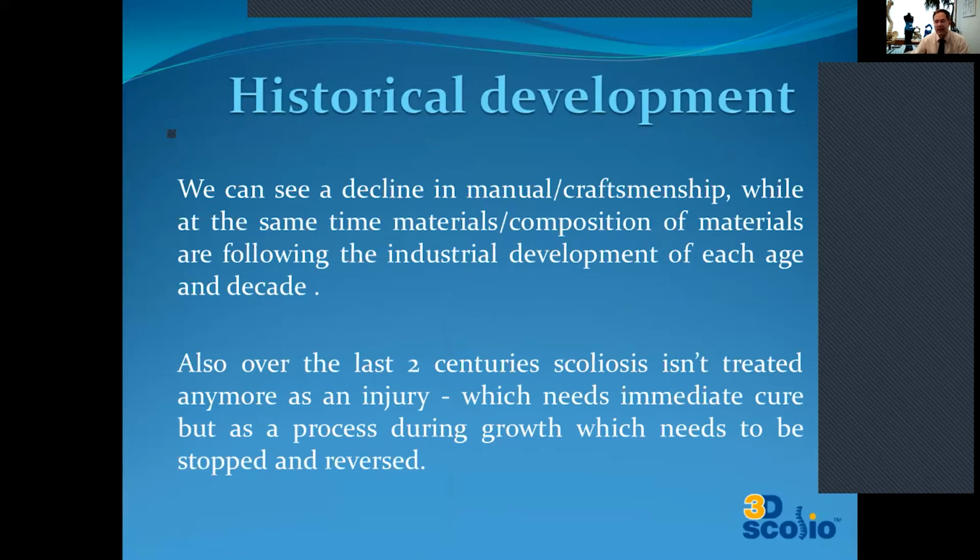At the same time, especially in the last 100 years, we have a more profound and more documented research and scientific approach to scoliosis, which brings us much closer to better results, and then also to a more proven or documented way of constructing help for those children.